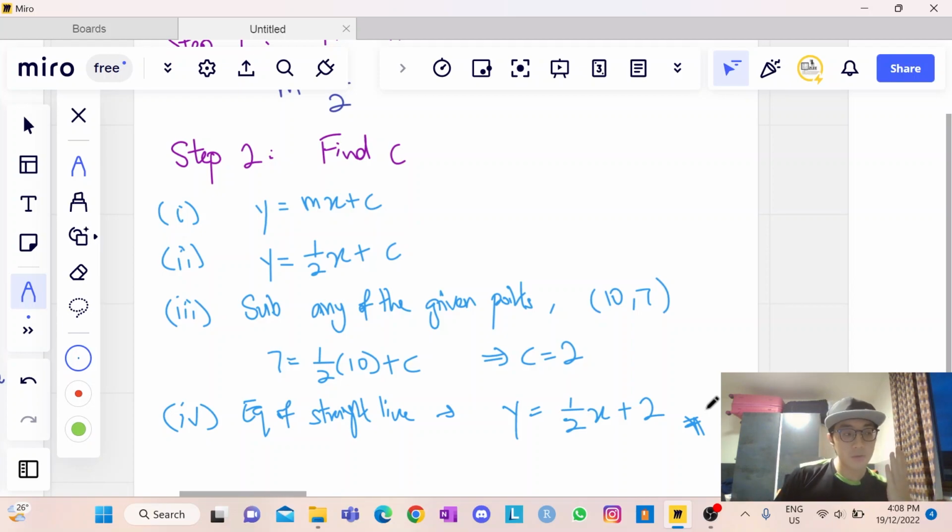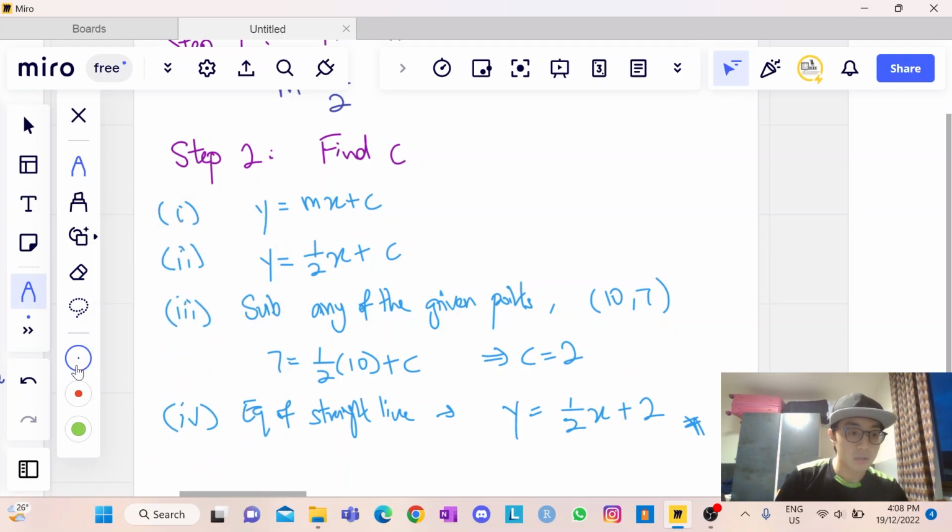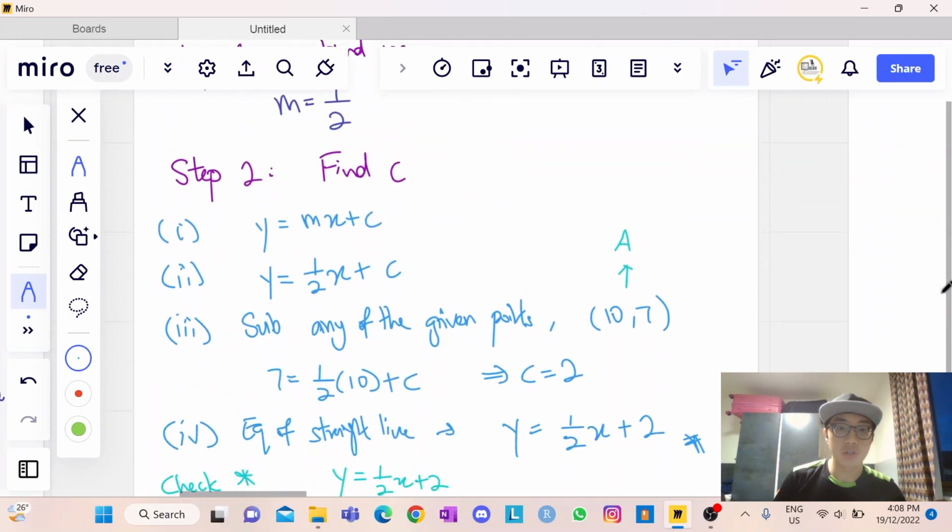You can double check the equation of your straight line. Using a different color to check: y equals 1 over 2x plus 2. Since we subbed in coordinates A, we are going to sub in coordinates B, which is 2 and 3.